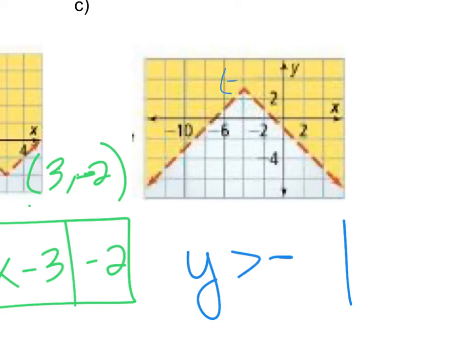Looks like to me it's going to be -3 and then positive, if each one is counting by 2. Do you see that? So this would be 1 right here. And this would be 3. And that would be 4. This looks like it's at 3. So the vertex is at (-3, 3).